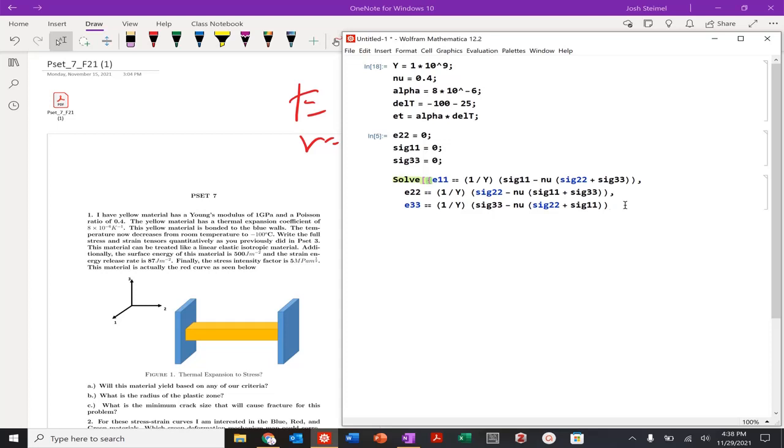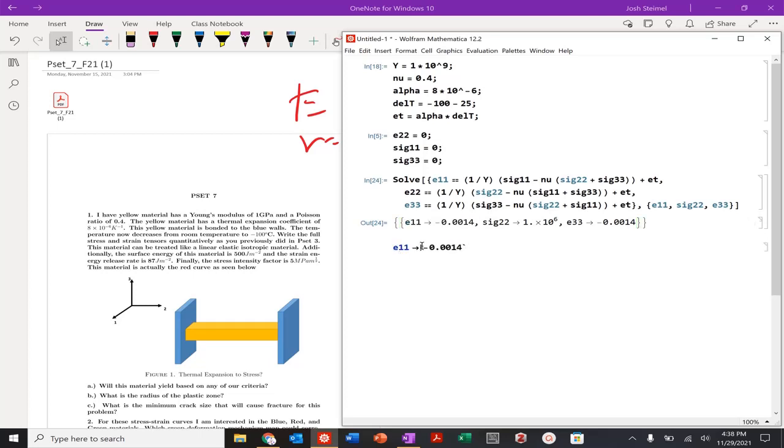We are now looking to solve these equations for E11, sig22, E33. But that doesn't work because we need to add plus ET, plus ET right here. And now we've got our values.